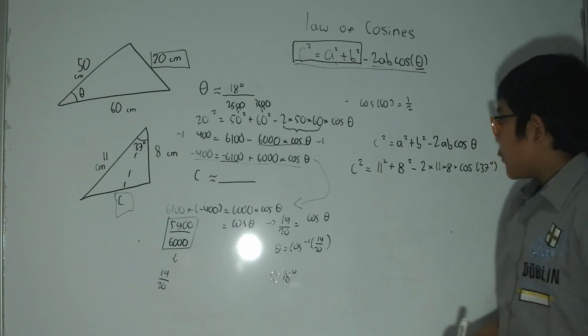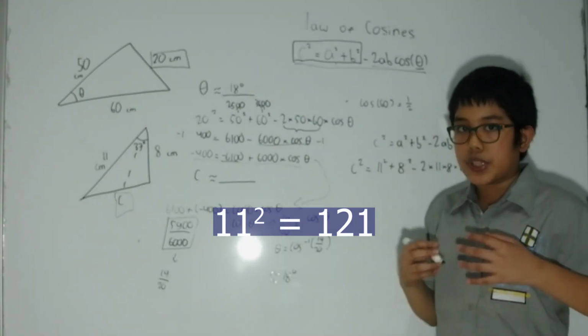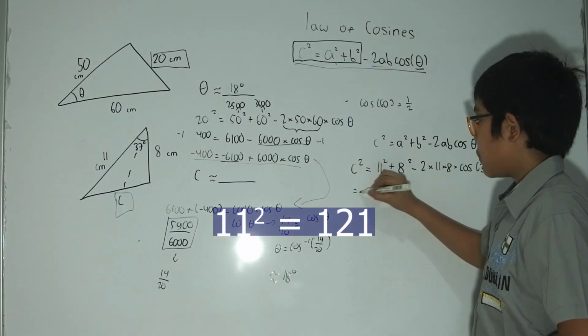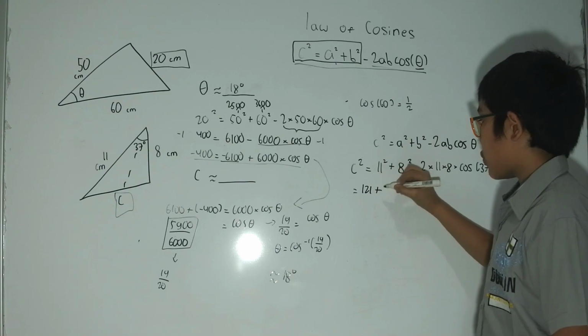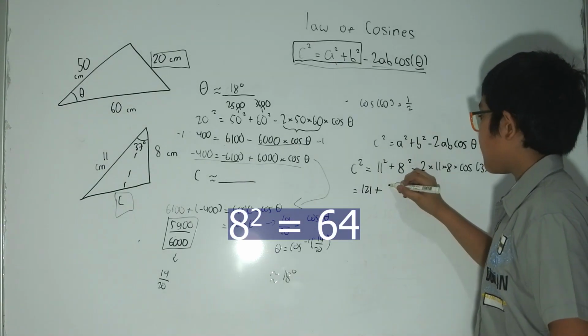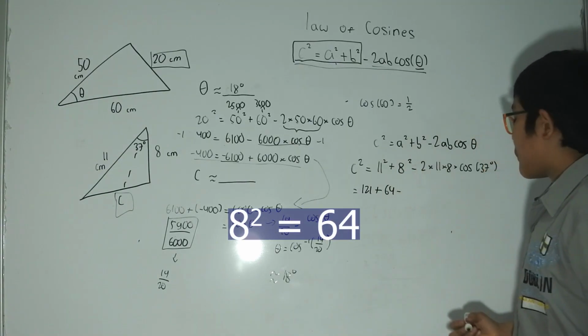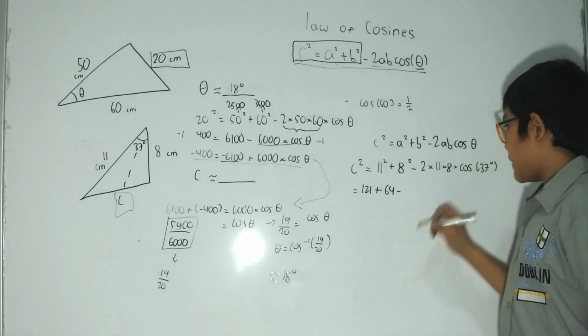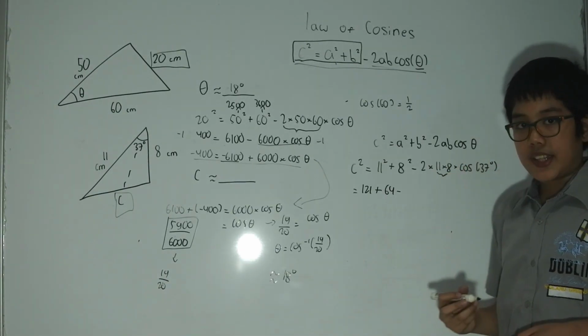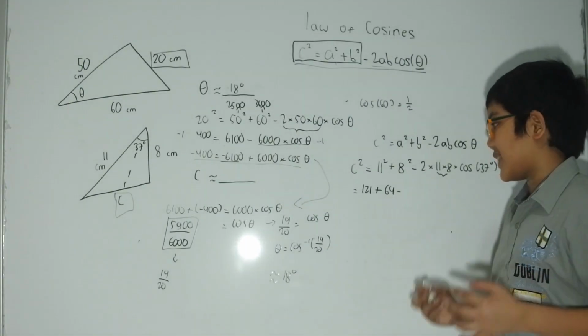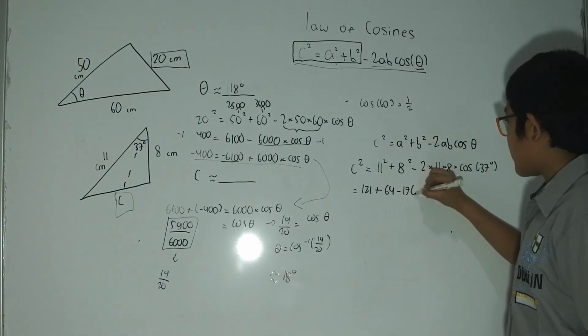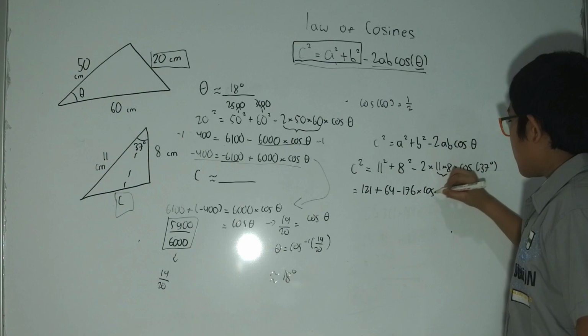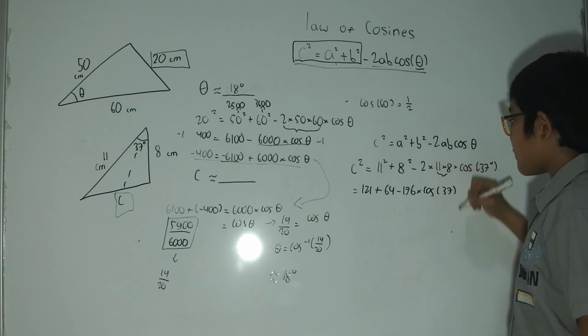So then, we know that 11 squared is 121. So it's equal to 121 plus 8 squared. 8 squared is 64. Minus 2 times 11 times 8. Well, 11 times 8 is 88. 88 times 2 is 176. Minus 176 times cosine of 37.